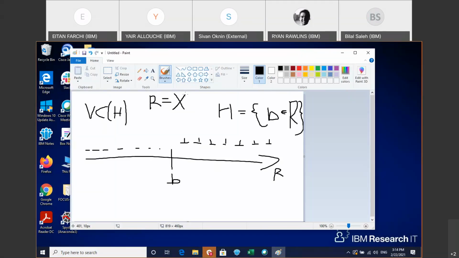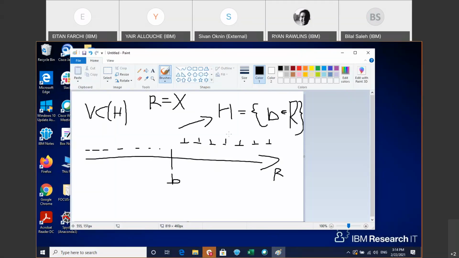It's a set of points in which for any labeling that I give on that set of points, I have a hypothesis from my hypothesis set H that will learn it.